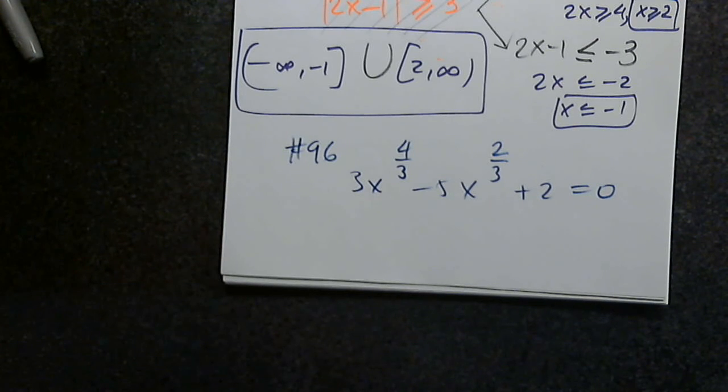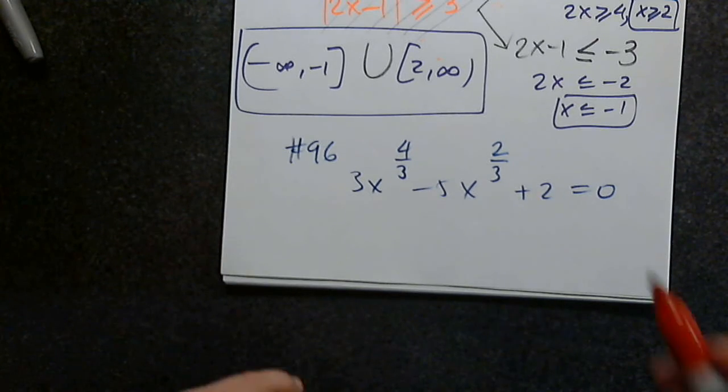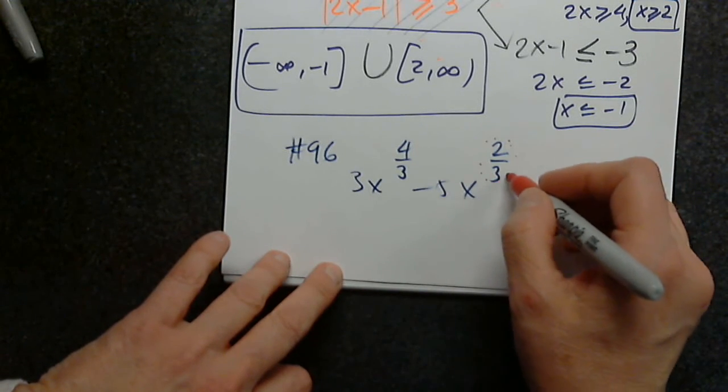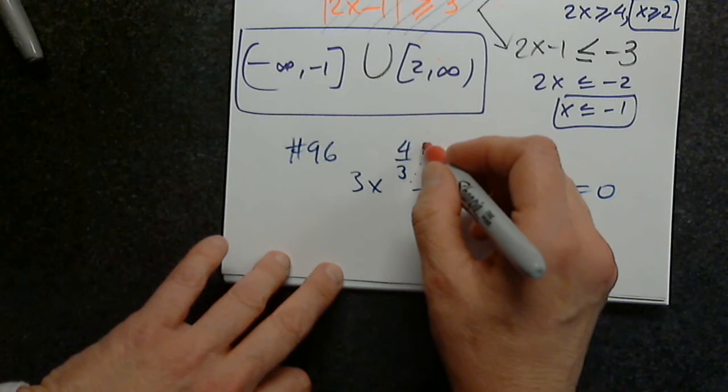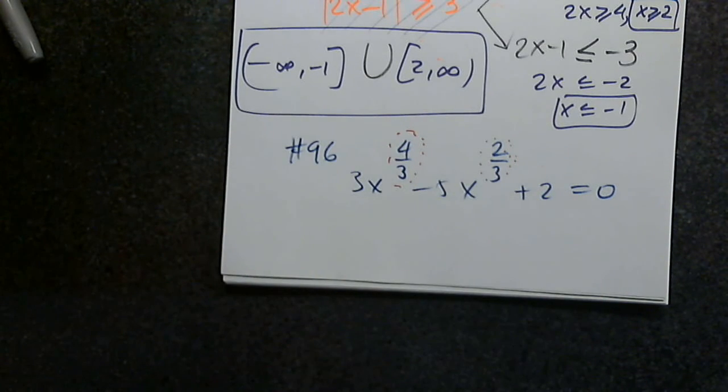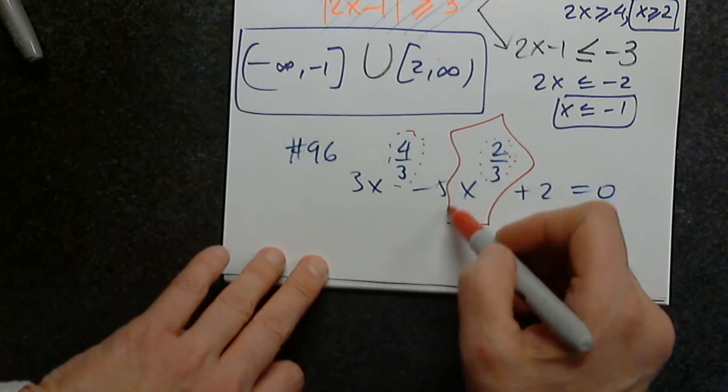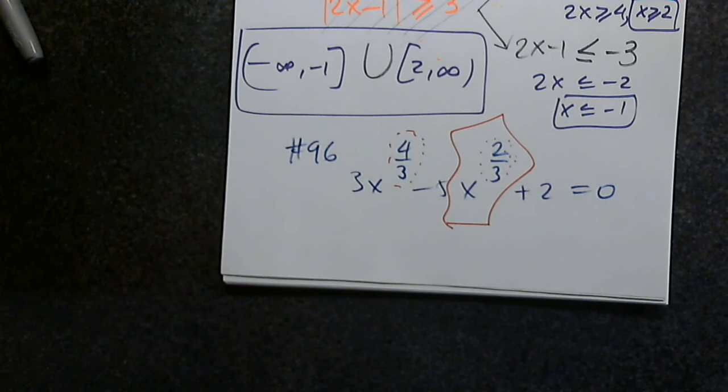But we don't really have a tool or a way of solving this equation as an equation with fractional exponents. So we have to notice that there is some sort of relationship between this power and this power. So what will you say about the one with the smallest power?